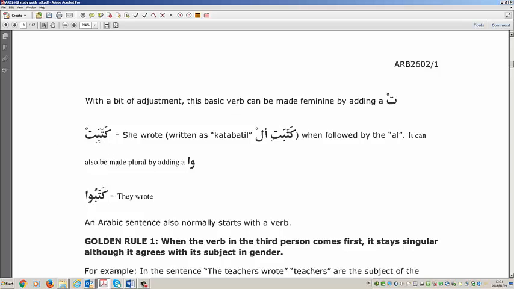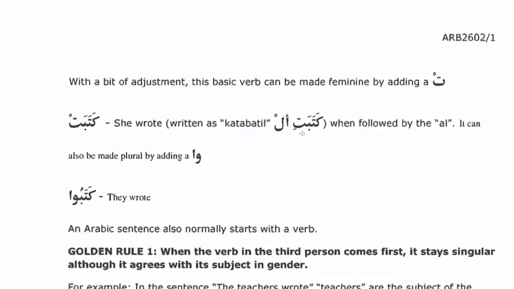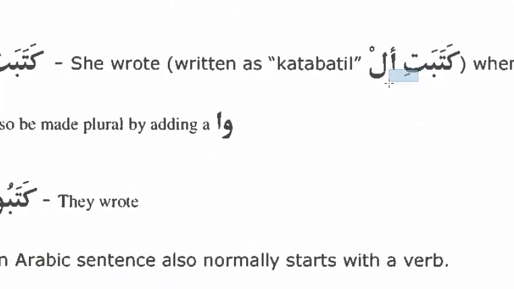Interestingly enough, when we say, for example, "she wrote the book," that would be كتبت الكتابة. But this ta with a sukoon, purely for the sake of sound, gets changed to an i there.